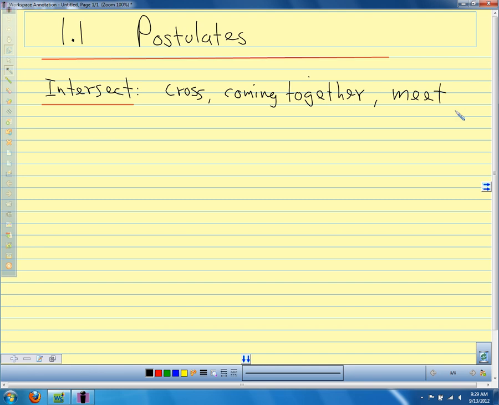Those are good ones. So, in our technical definition, the way we're going to talk about intersections in geometry, it has to do with this. When two things intersect, it means they have points in common.